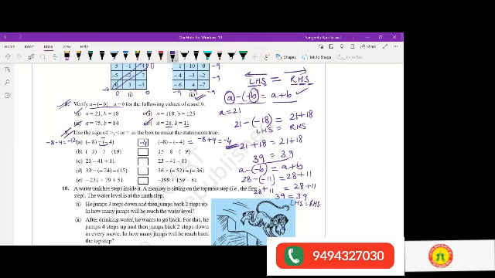Similarly, try this one also. Do this: minus 3 plus 7, minus 19. When you have two signs together, make them one sign. Do it yourself.